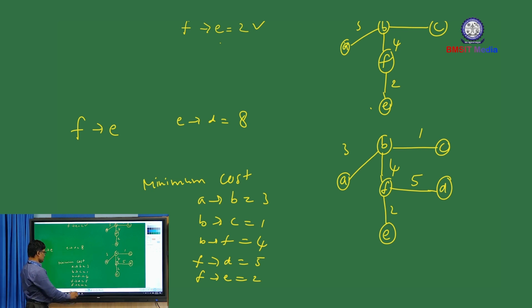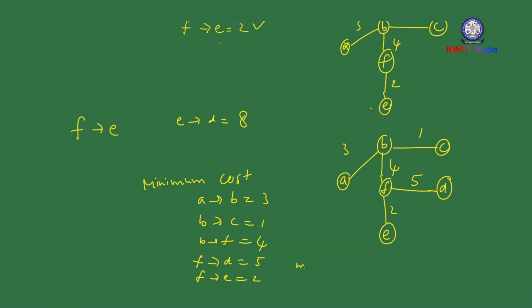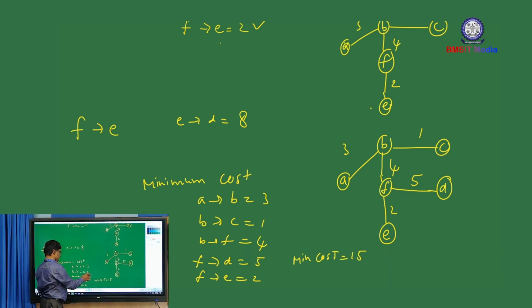So now the minimum cost is nothing but 3 plus 1 is 4, 4 plus 4 is 8, 8 plus 5 is 13, 13 plus 2 is 15. So once again you can count it: 12 plus 3 is 15. So this is the minimum cost.